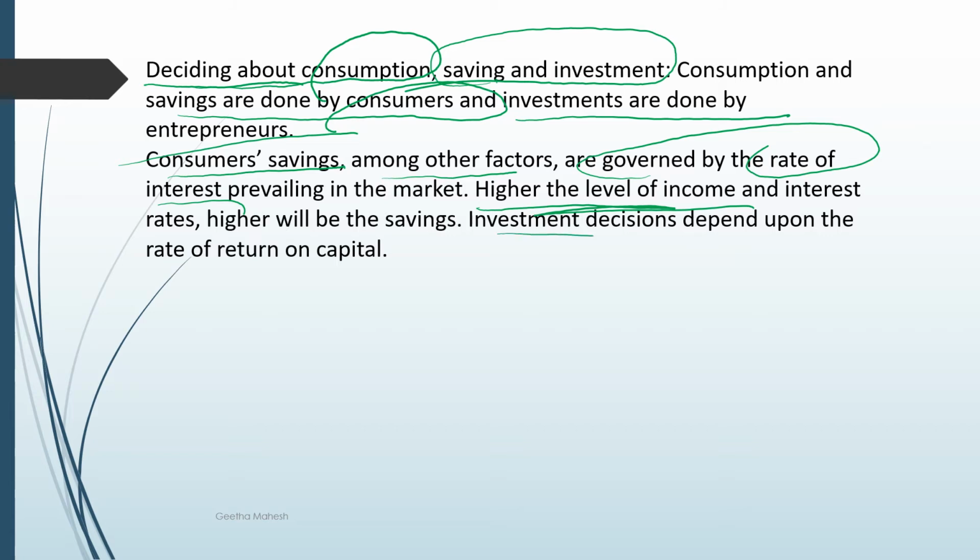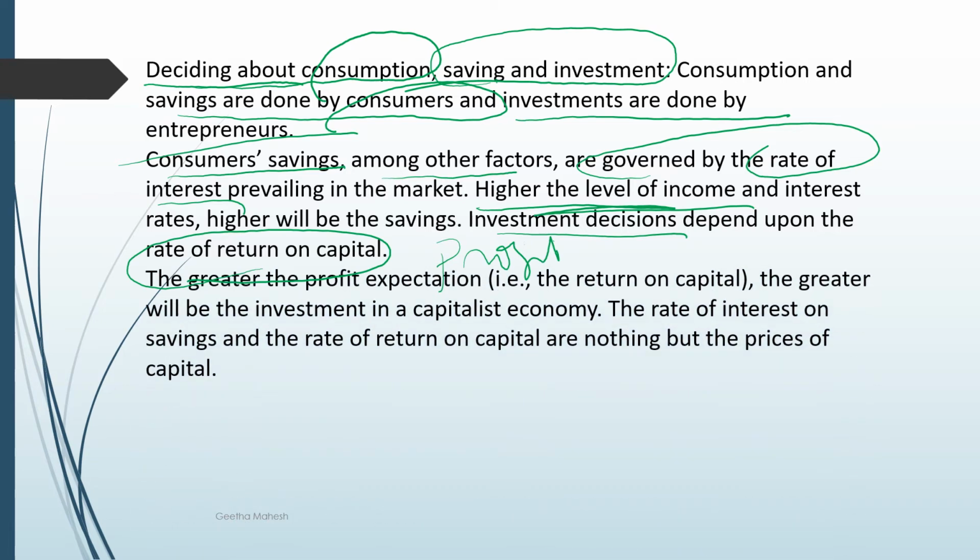What about the investment? Investment depends on rate of returns. Rate of returns is nothing but an expected profit. If you expect more profit by making investment in that particular business, then you are going to make an investment. Greater the profit expectation, higher will be the investment in the capitalist economy.